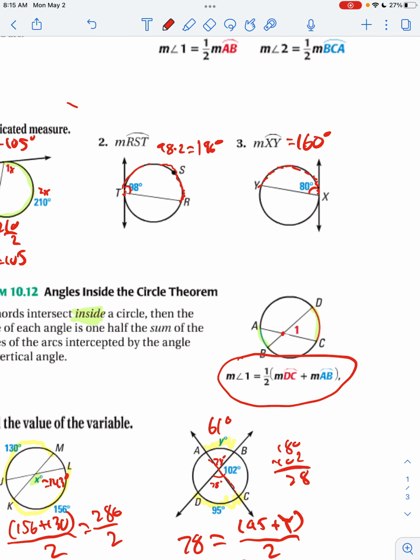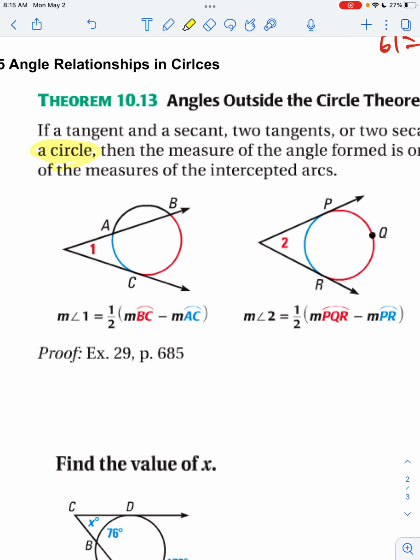And then we have angles outside the circle. So if a tangent and a secant, two tangents or two secants, intersect outside a circle, then the measure of the angle formed is 1/2 the difference of the measure of the intercepted arcs. So again, you can look at these different examples and see that what we're going to do is find the difference of these two arcs.